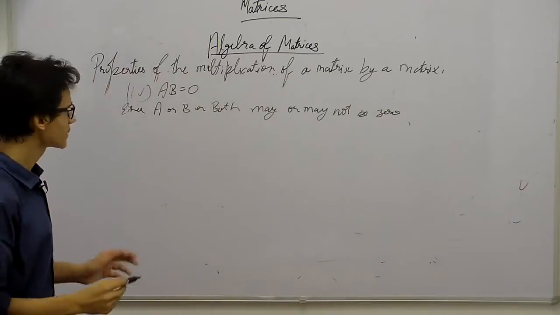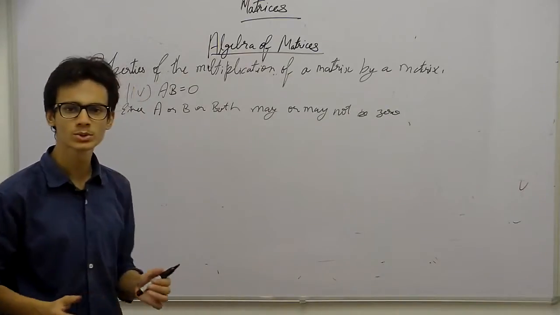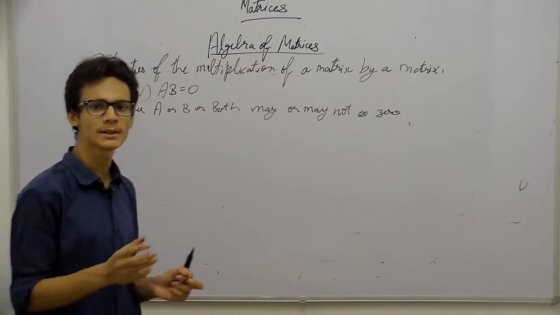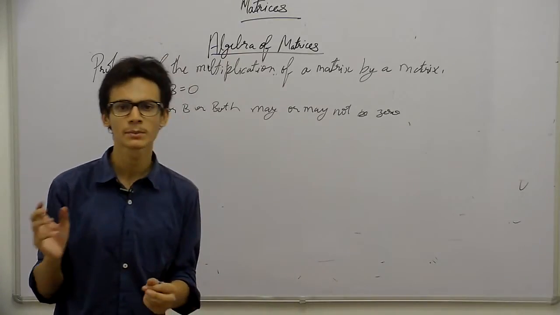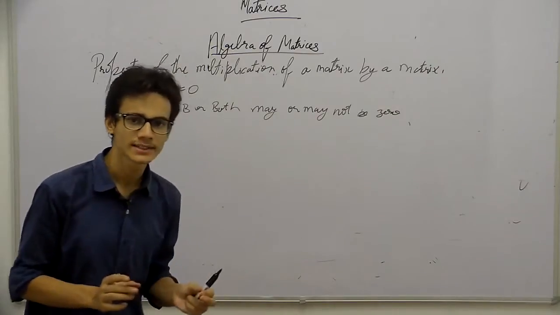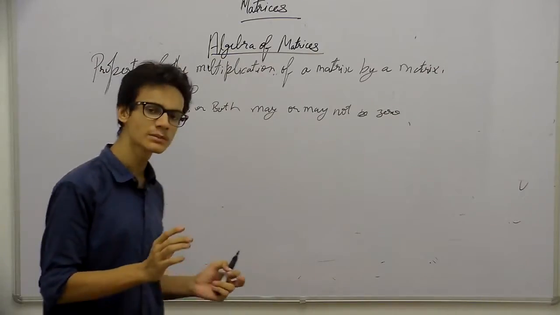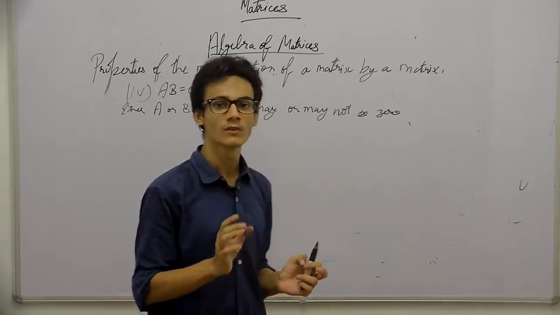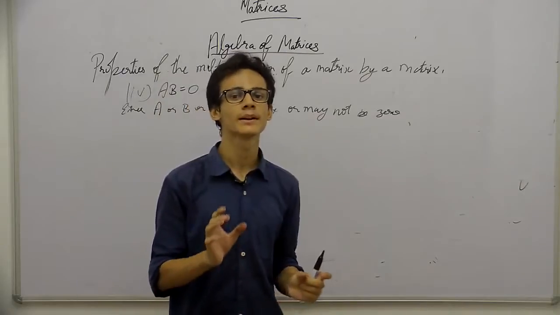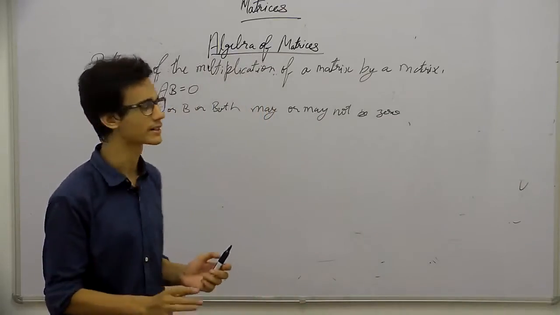At first this property looks a bit odd, because we are used to the multiplication of normal numbers, in which when two numbers are multiplied and the product is 0, one of them must be 0. But that's why I said the properties of multiplication we have learned till now hold for the multiplication of a matrix by a scalar, but not for the multiplication of matrices with matrices.